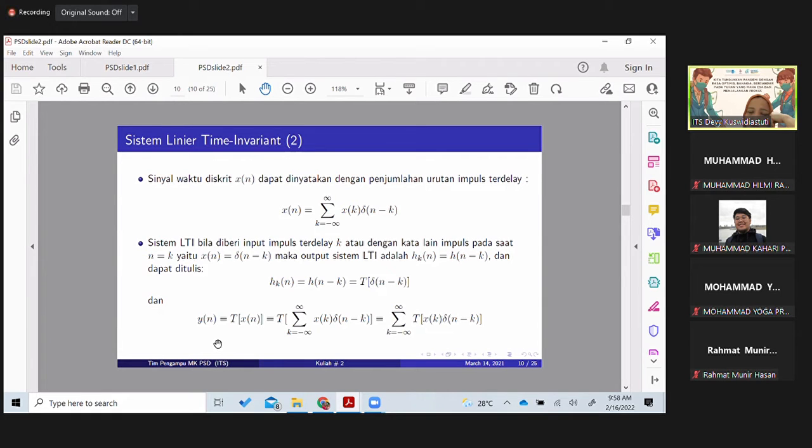And if we relate it to the output, y[n] is the transformation of input x[n], and we know that x[n] follows this equation here, then y[n] equals the transformation of this summation here.